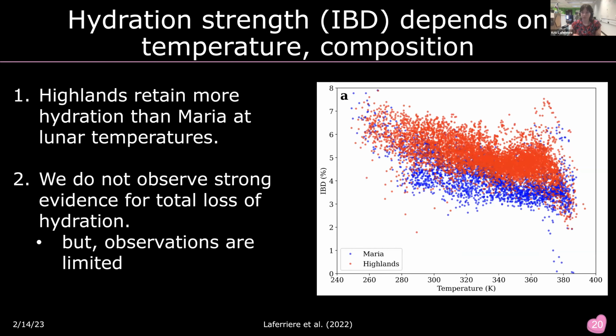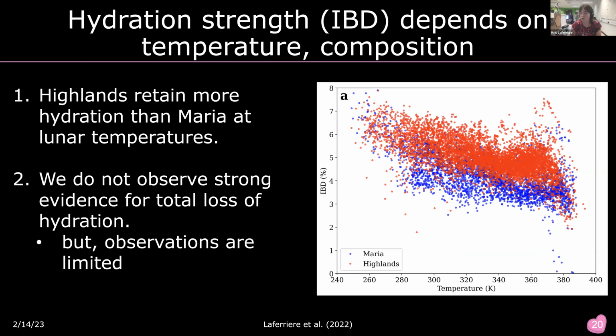This is a figure from my paper, showing all of the data that we had, separated out into Mare in blue and Highlands in red. We can see that broadly the Highlands retain more hydration than the Mare do at lunar temperatures. And we also don't really observe much evidence for total loss of hydration.